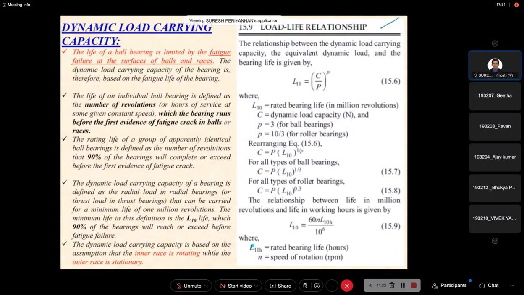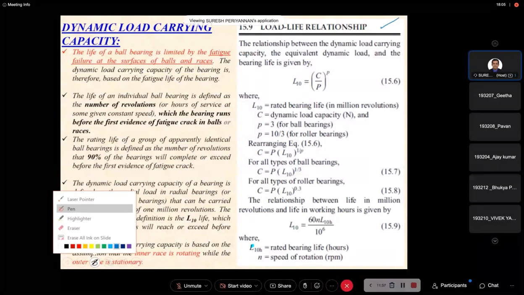Now, the dynamic load carrying capacity of the bearing is going to be found based on the fatigue life of the bearing. The life of an individual ball bearing is defined as the number of revolutions, or number of working hours in service, at a given constant speed.